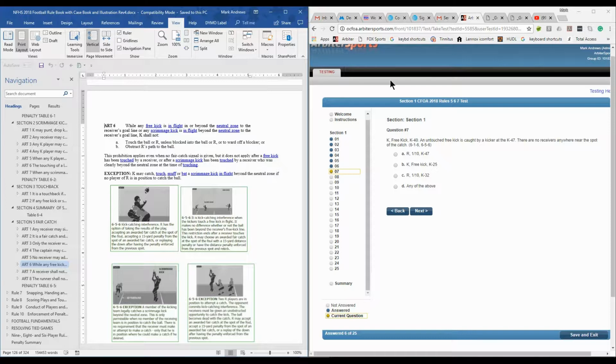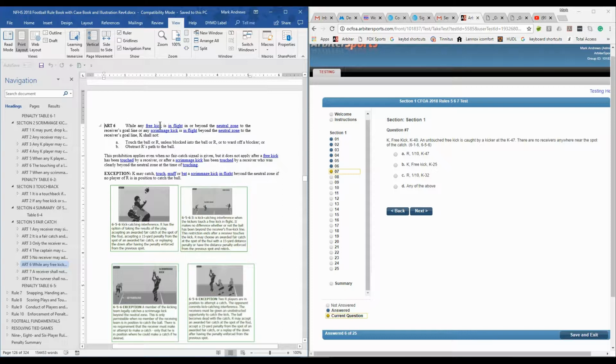So this question brings up a lot of issues that I don't want to go into right now. There are a lot of restrictions on what K can and can't do on a free kick, on a scrimmage kick. Let's look at what K can't do, and that's covered in 6-5-6.